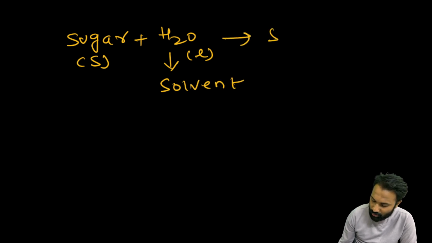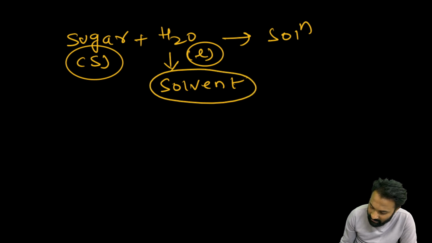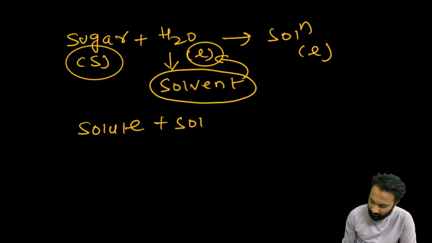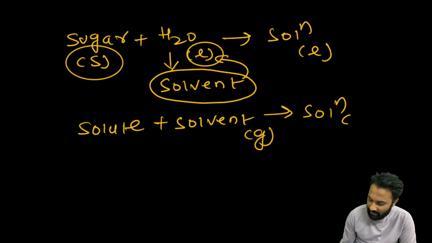Then is that solution a solid solution or a liquid solution? Already I explained very clearly. If the solvent is liquid in nature, that solution we call a liquid solution. Let's suppose one solute and one solvent. If this solvent is gaseous in nature, that solution is a gaseous solution.